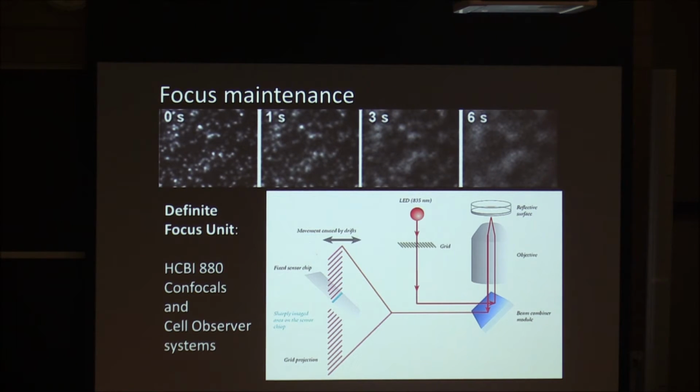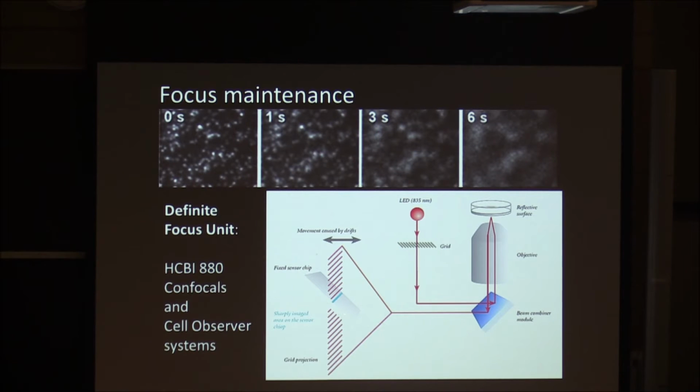So this happens quite often in live cell imaging because we do have a lot of expansion and contraction due to thermal processes in the equipment that we're using. So it's very easy for stuff to drift out of focus. So on both of our 880 confocals and on our other system as well, we have what's called the Definite Focus unit from Zeiss. Essentially it's a little box that's bolted onto the side of the microscope.